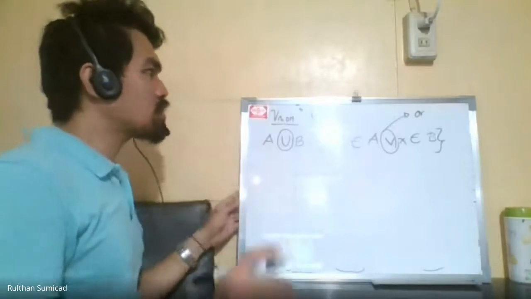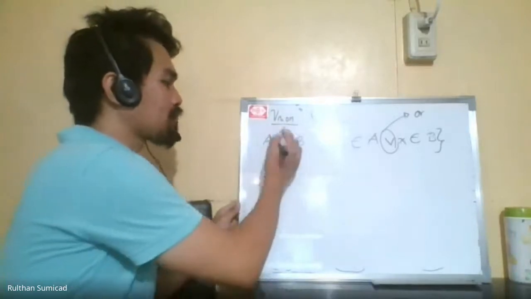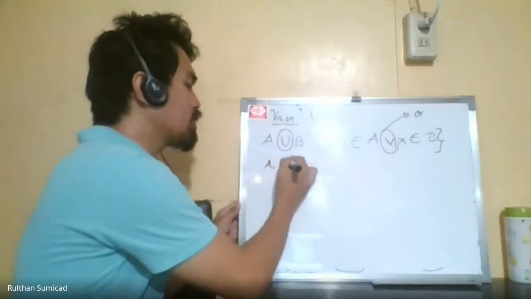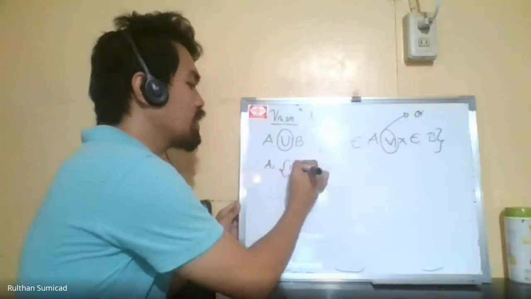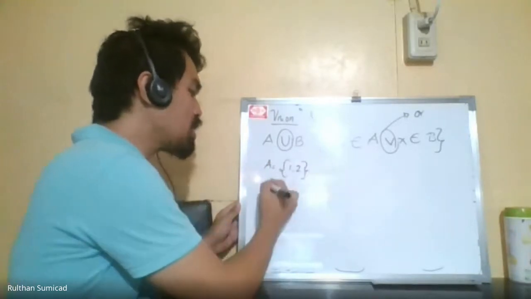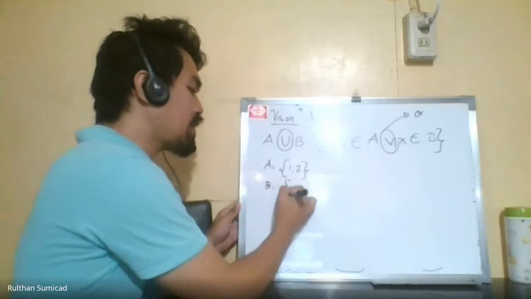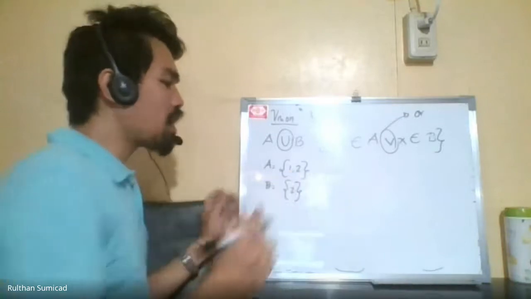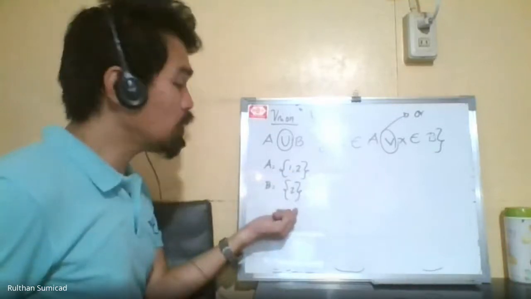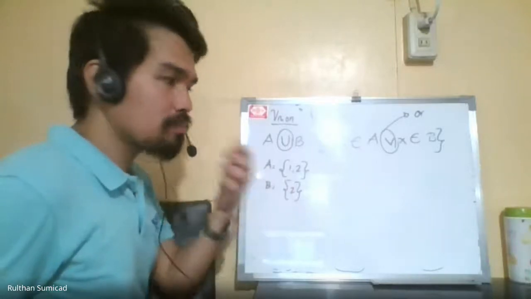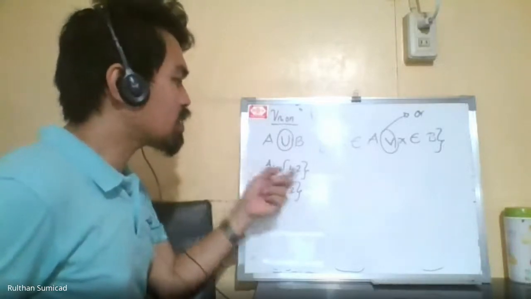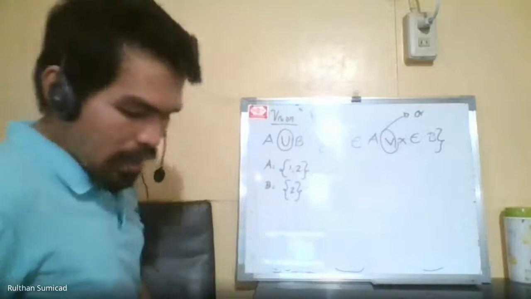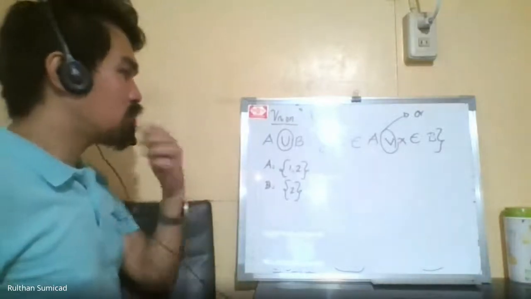So let's have an example. Let's say I have A containing 1 and 2, and B containing the element 2. You notice we have here a singleton, also known as a unit set, and then we have set A containing elements 1 and 2. Now, how do we write the union of the two sets?